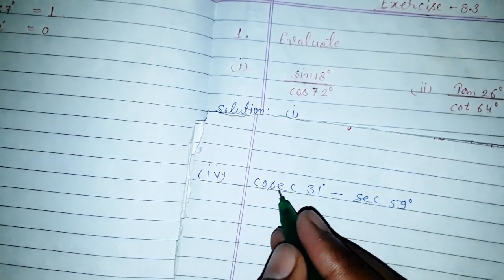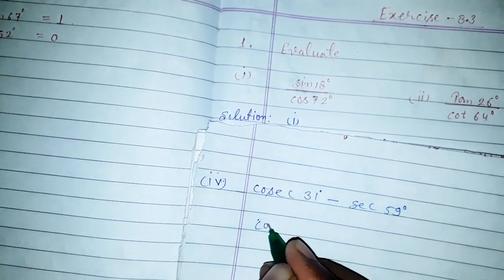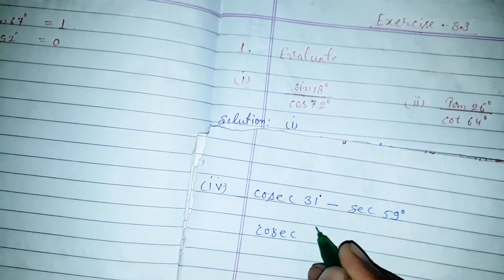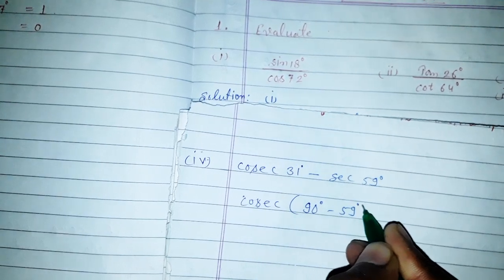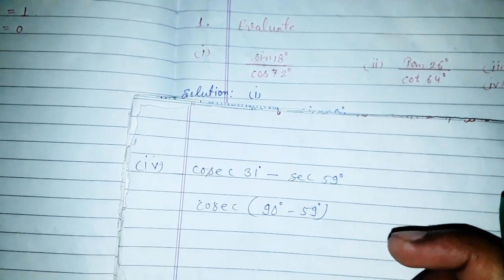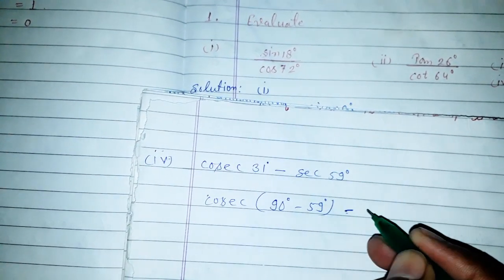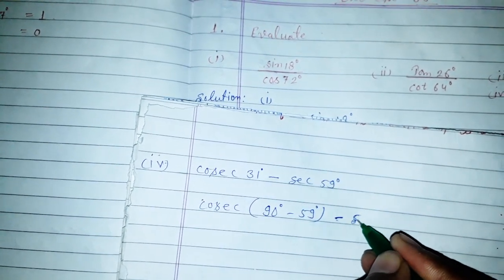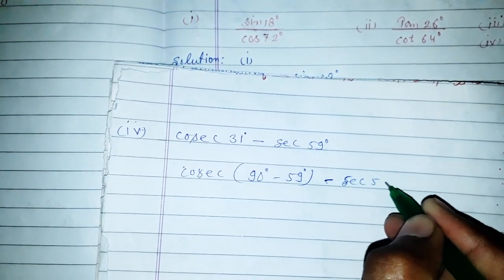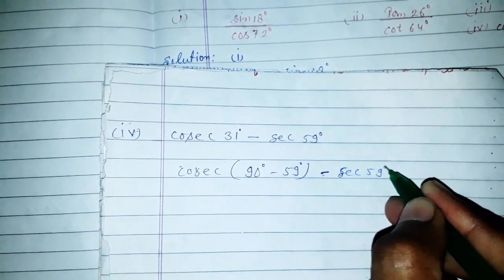We will write cosec(90 minus 59), so this is 31, because we use the complementary angle formulas, minus sec 59 degree.